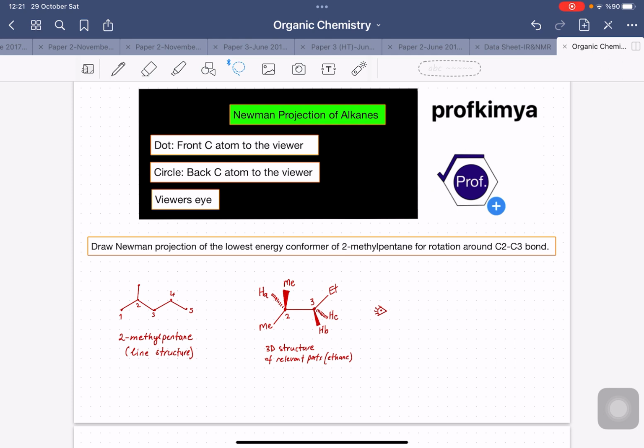Carbon atom closest to the viewer, this is the closest carbon atom to the viewer.